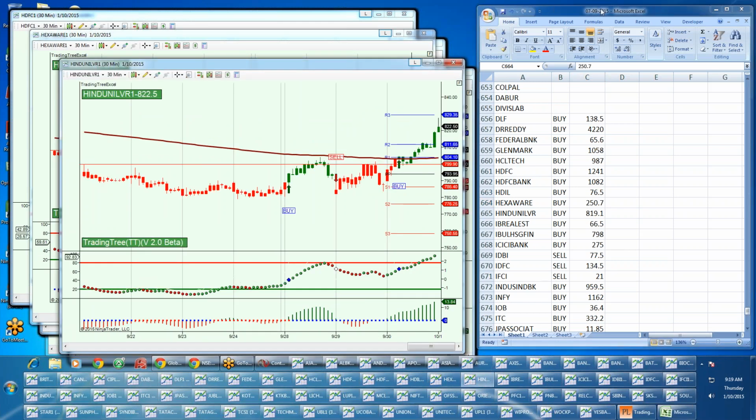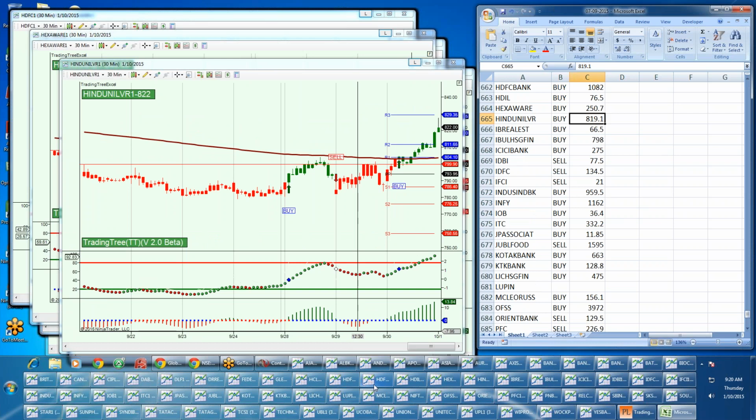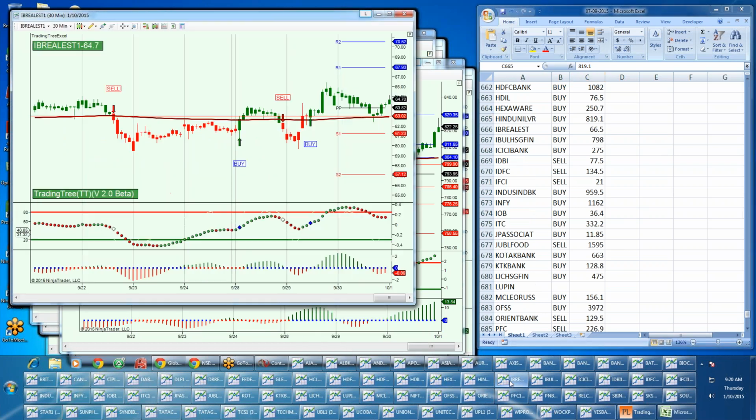So Hindustan Unilever, I have a buy at 819. 822 is the current price. So IB Real Estate, I have a buy at 6650.